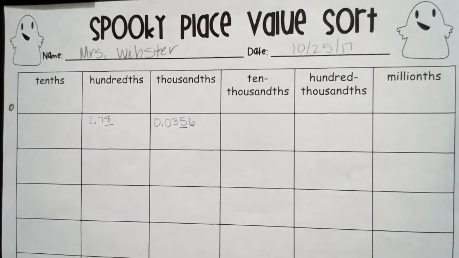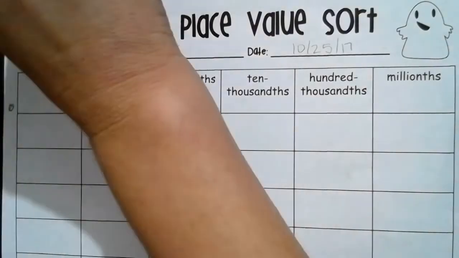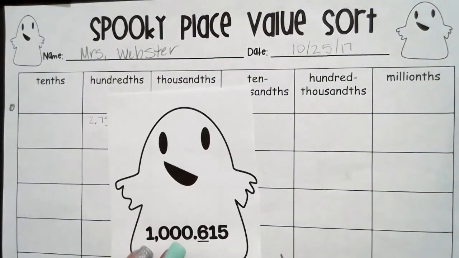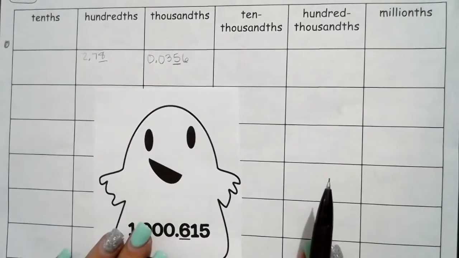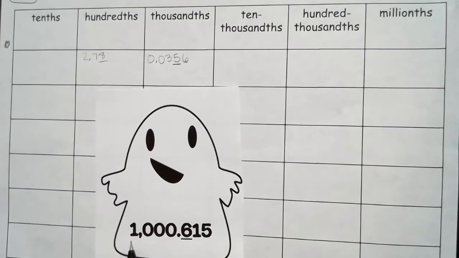Next one, I'm going to show you another ghost. I'm going to do a couple with you, and then I'm going to expect you to do these on your own, so pay close attention. I have, let me move this up so you have some room. I have, oh, what place value is this? Well, here's ones, tens, hundreds, thousands. So 1,000. And what place value is that 6 in? Tenths, hundredths, thousandths.